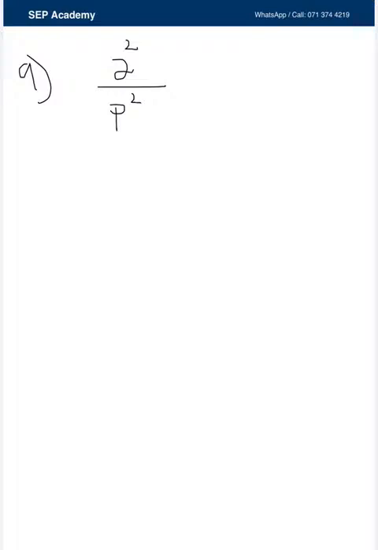You look at this one, then you focus on the bases. Are the bases the same? No, they are not the same. If they are not the same, there is definitely nothing that you can do because the bases are not the same. Then it means that's it. Nothing you can do, honorable member.